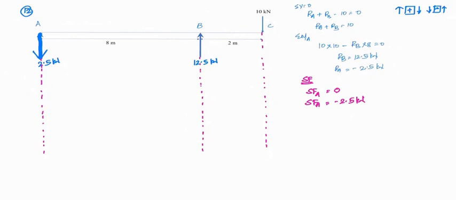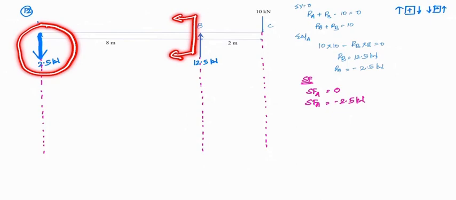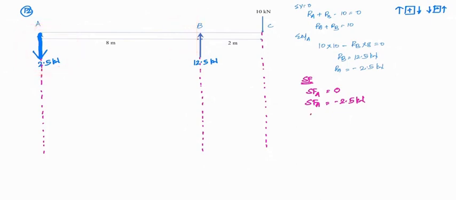Now your section is moving from here to this point and reaches just to the left of B, and when I look towards the left side, we can see there is only one unbalanced force, that is minus 2.5 kilonewton. Again I can write SF at B just to the left is minus 2.5 kilonewton.